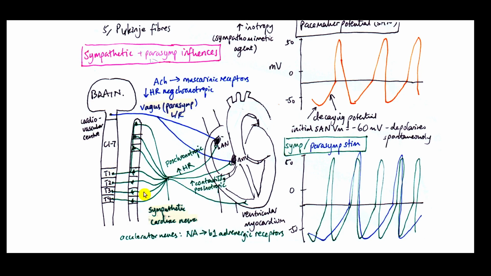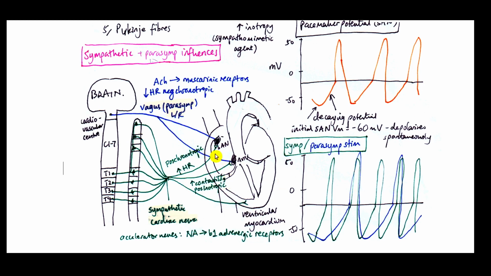And then we have these green nerves, which are sympathetic cardiac nerves. These are coming from the thoracic spinal nerves, T1 to T4, and then they form ganglia in the sympathetic chain, or they can synapse up and down the chain, and then they innervate the SAN, the AVN, and also the ventricular myocardium, which the vagus does not.